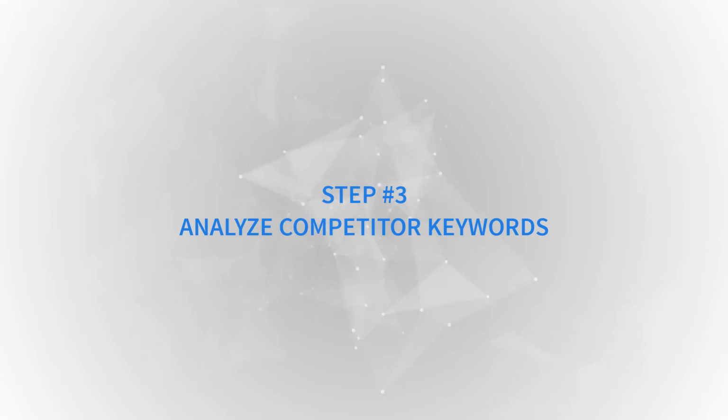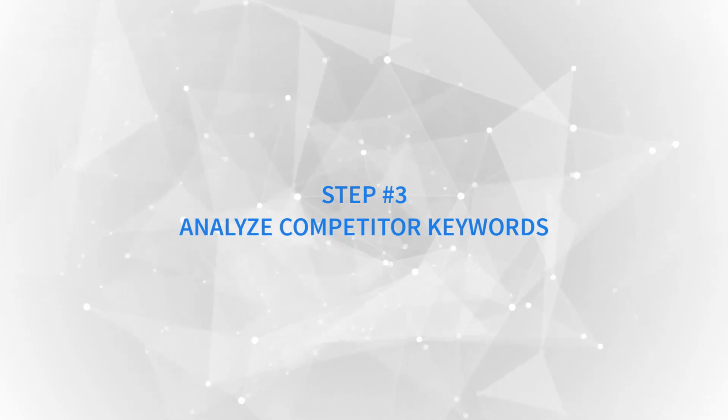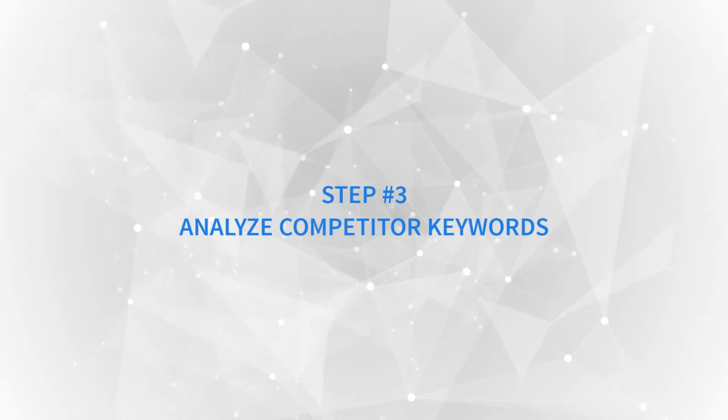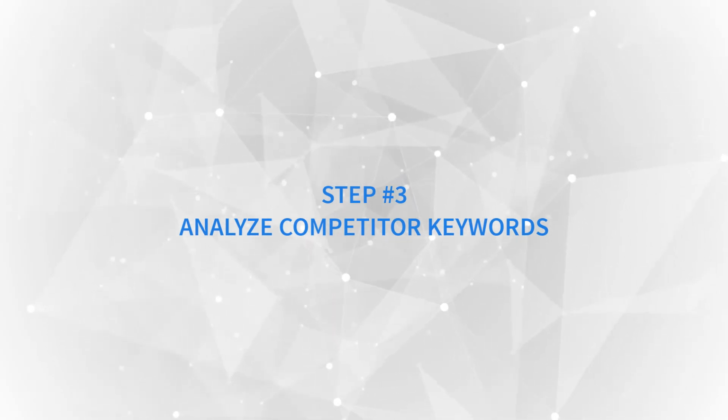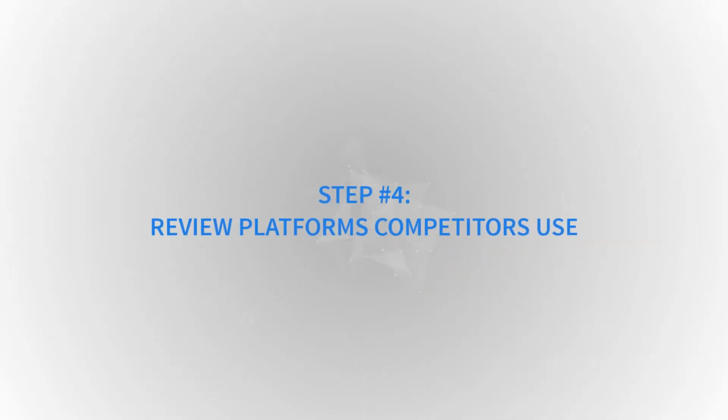You can sort it by max of volume, and that will just rank them highest to lowest for the average monthly search volume that the keywords receive. And then the max of SEO difficulty, and that one will rank them highest to lowest for how competitive the keywords are.